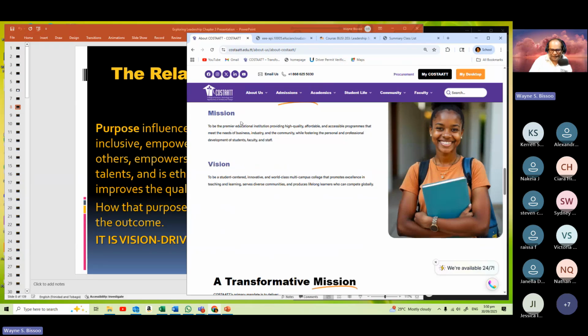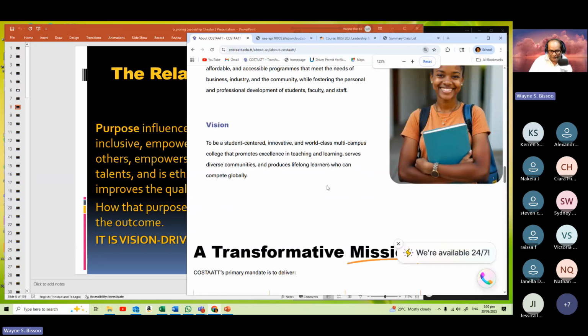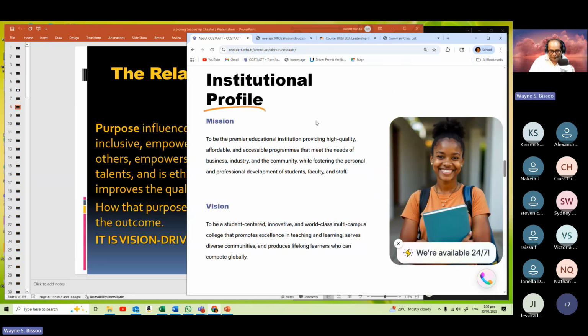So this is something that tells us, I don't know if you all can see that. And I'll give you some stories about how we came to this vision and mission statement. But it's part of our institutional profile. It tells people what our vision is to be and how we go about operating, what our functions and purpose are.